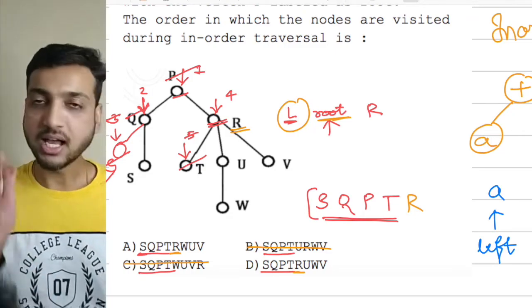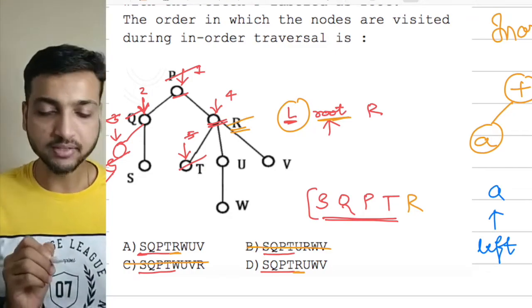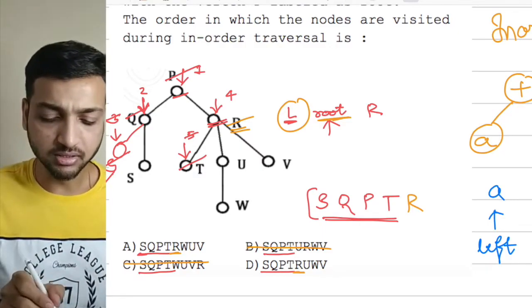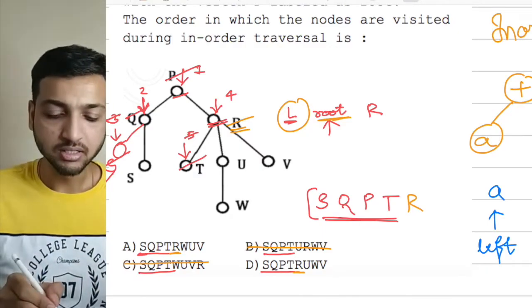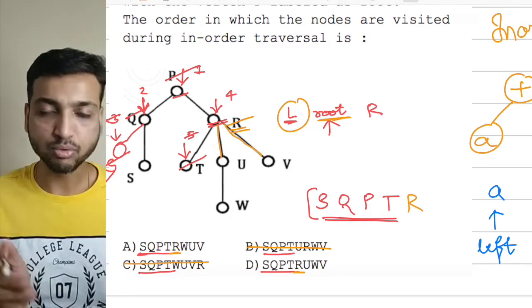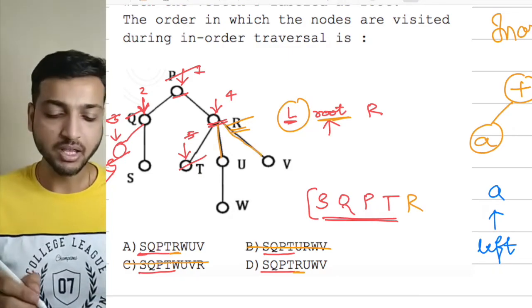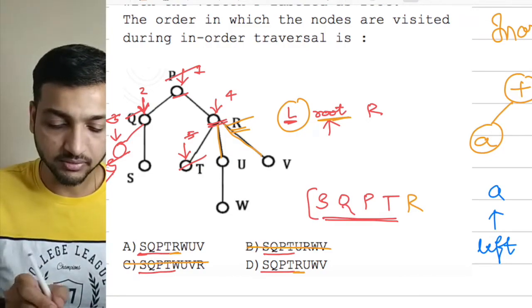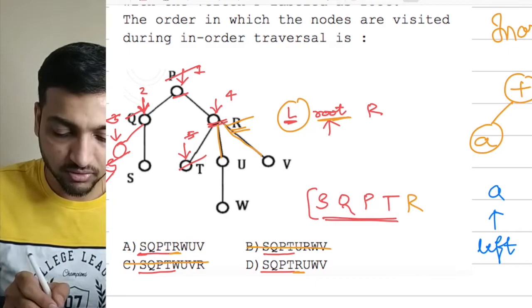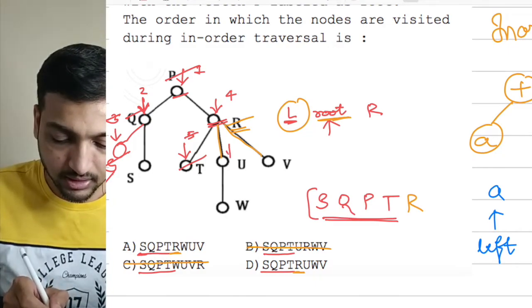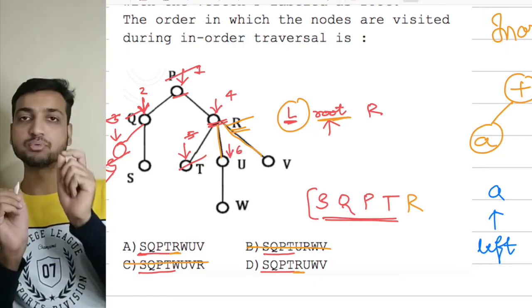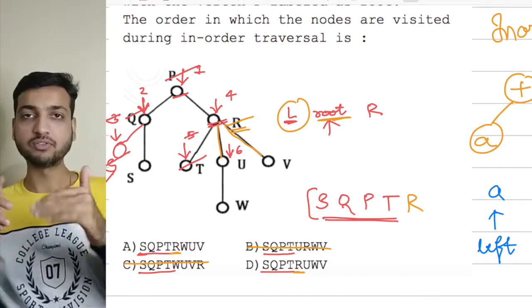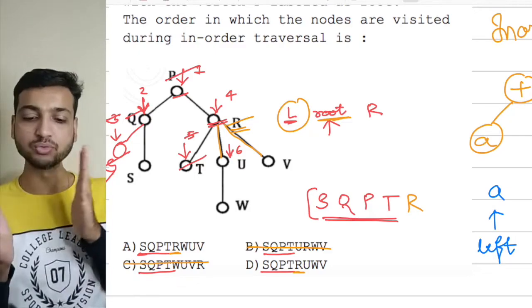Once R is visited, I'm going to strike out R, and then we are going to go to the right. As you can see, there are 2 nodes here, this one and this one, both to the right of R, but we go from left to right. So first we come here. So after 4, 5, so 6. We come to node U. Now once again, at U, you will follow the in-order traversal. So we first go to the left.